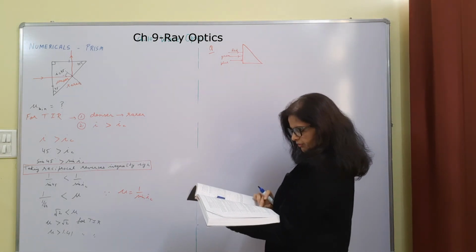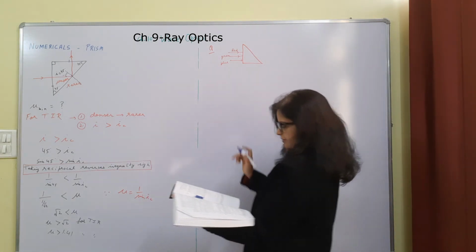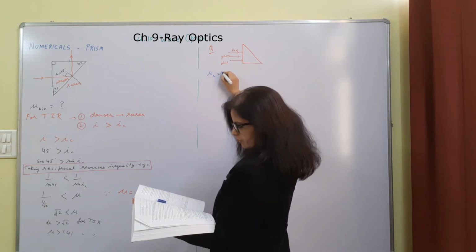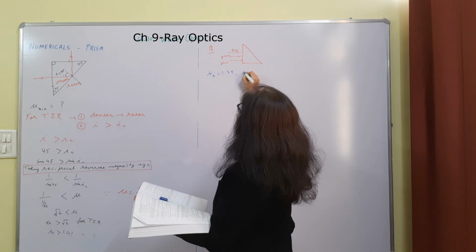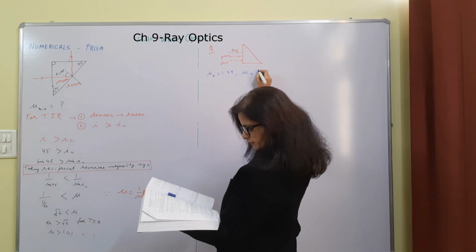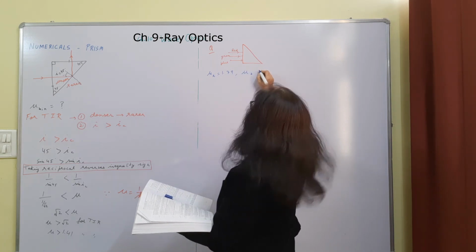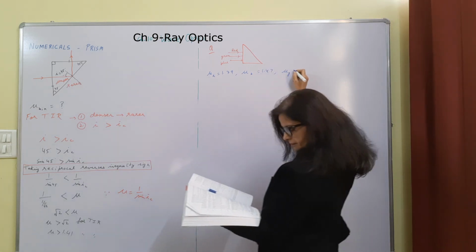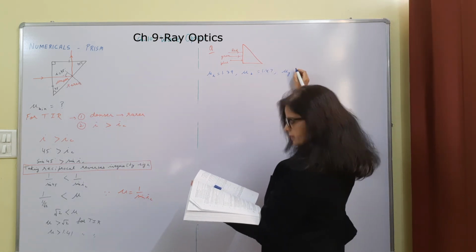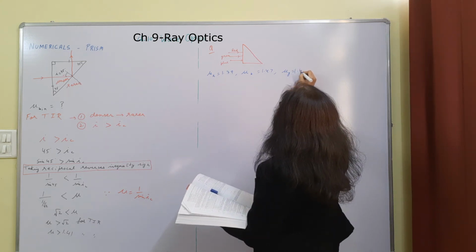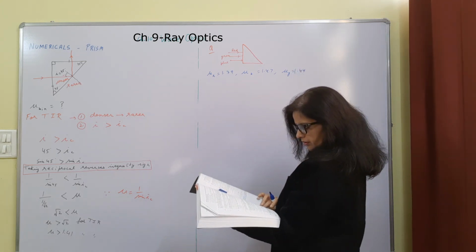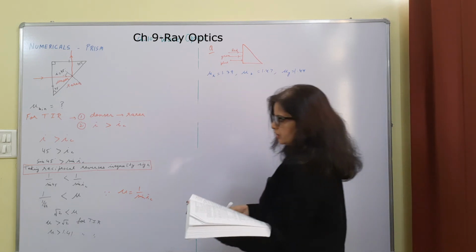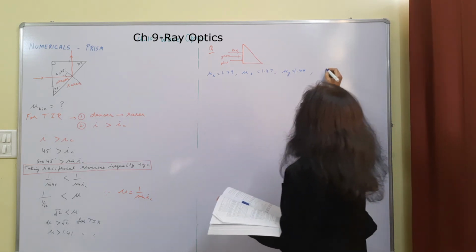The refractive index of the material of the prism for the above red, green and blue: mu for red is 1.39, mu for blue is 1.47, mu for green is 1.44. You have to show the path of rays.